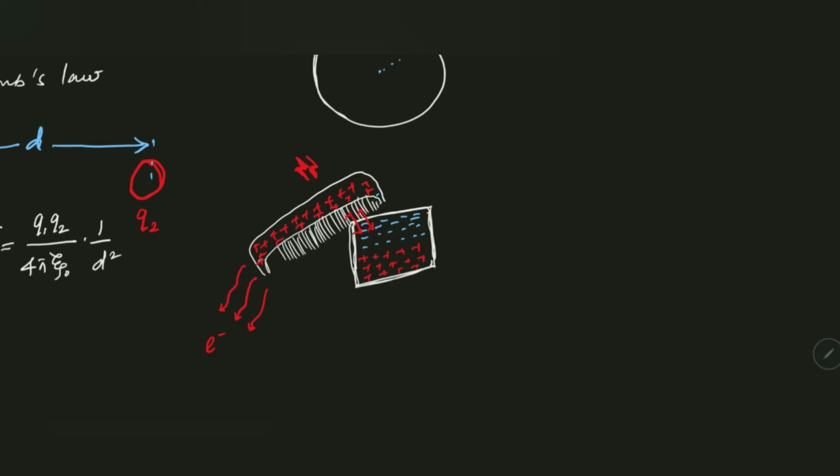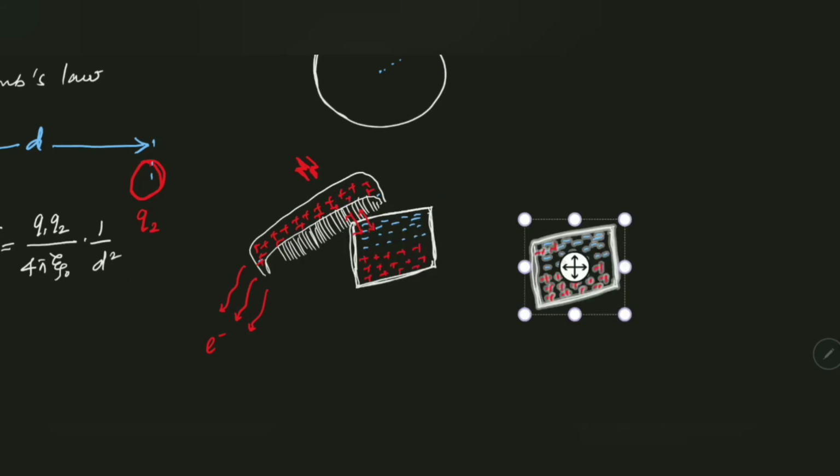And the moment you shake it, the piece of paper which you are using here, these electrons and the holes, or the protons, in the paper get disturbed again, and they scatter.